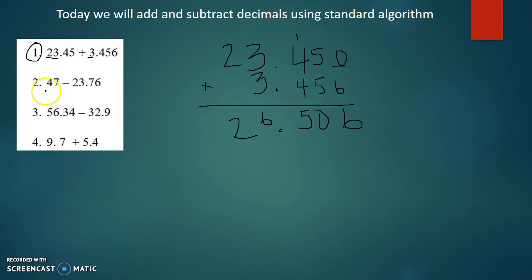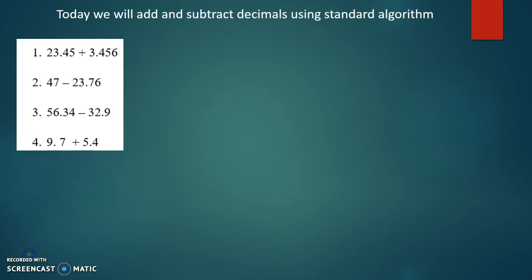Alright, let's go to number 2. With number 2, we've gone from addition to subtraction. The first thing we should notice is that we have a whole number, 47 minus 23 and 76 hundredths. So I put my 47. When I have a whole number, my decimal point always goes to the right of my last digit.